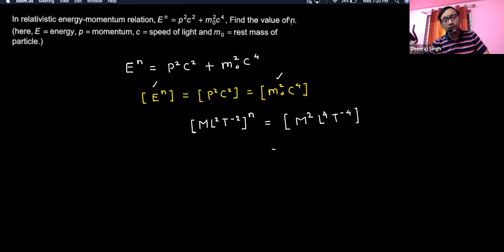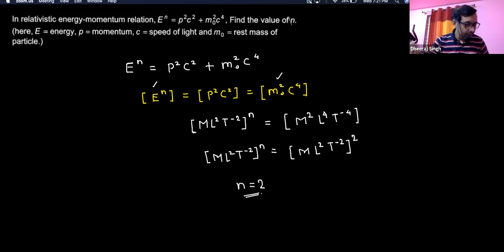Okay, so if you can see here, this is M L2 T minus 2 the whole square. So the value of n is 2. Understood, all of you?